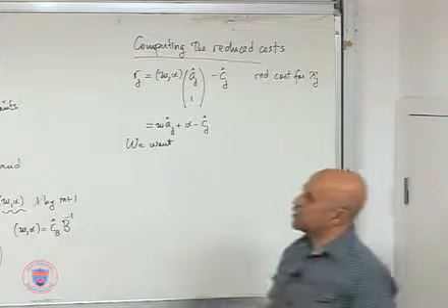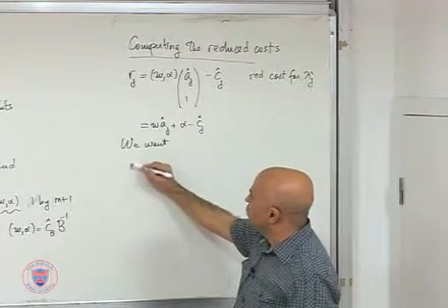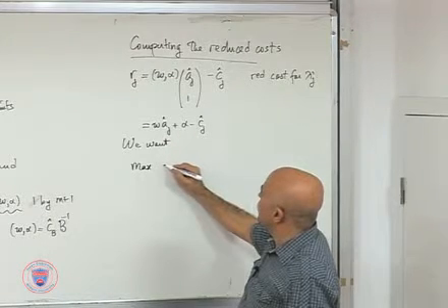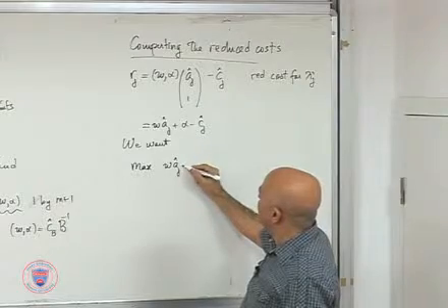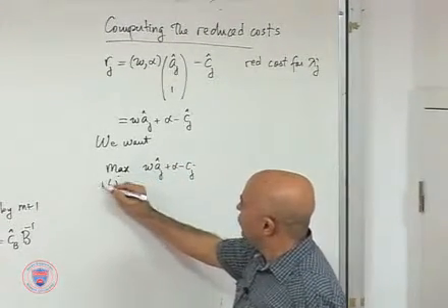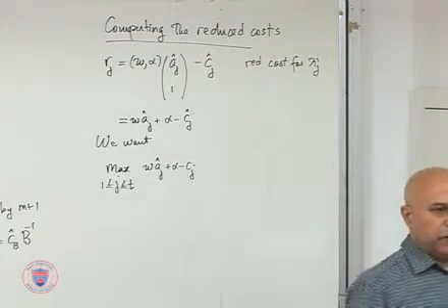Since this is a maximization of reduced cost, we want the most positive one. So you want to compute the maximum reduced cost, which is w a_j hat plus alpha minus c_j hat, j going from 1 to t. That's what you want, if you're able to do so.